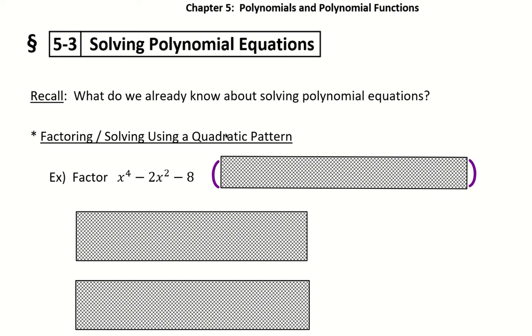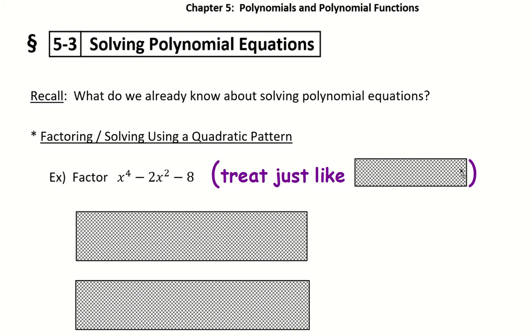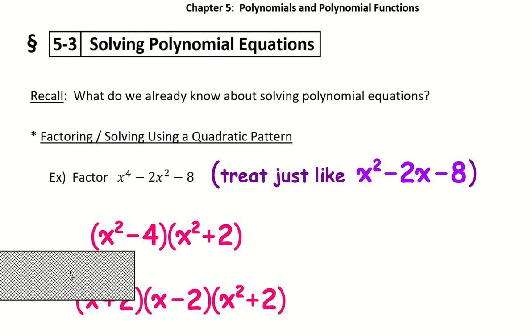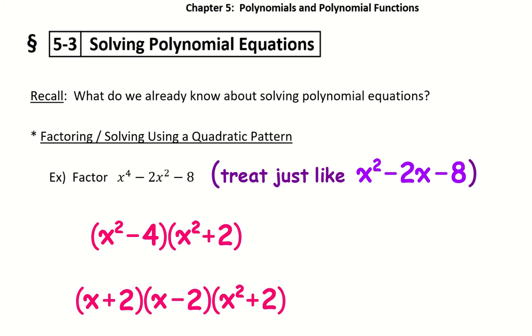factoring and solving using a quadratic pattern. So looking at this, you might go, what the heck? But it turns out that we can treat it just like that, and we can use an unfoil strategy to factor this the same way you would factor that, except it's x squared, blah, blah, blah.